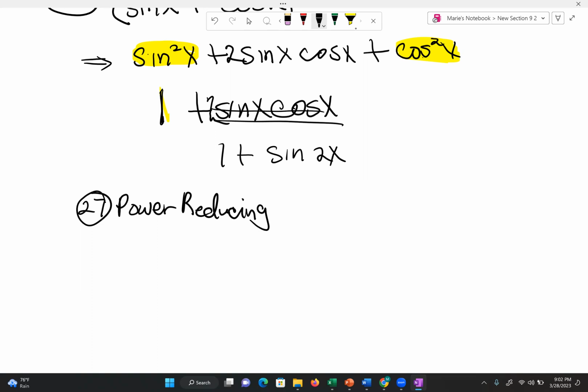So in number 27, they're giving us 8 cosine squared x. And so we're going to re-express this as 8 parentheses 1 plus cosine 2x over 2.